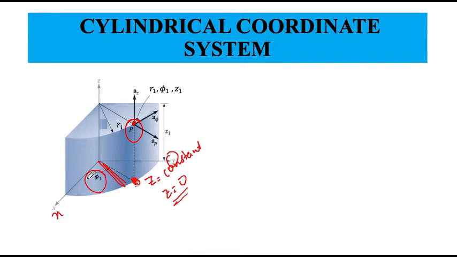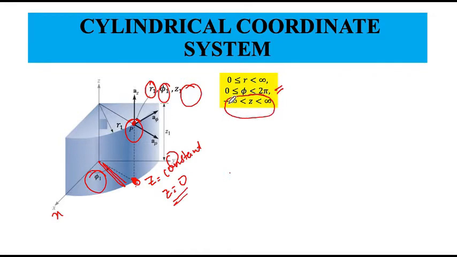So quickly let me finish up by giving you the ranges of r, phi and z. The r value will always be between 0 and infinity, phi will be between 0 and 2 pi, and z will be minus infinity to infinity. As radius can't be negative, the maximum value of the circular angle is 2 pi.